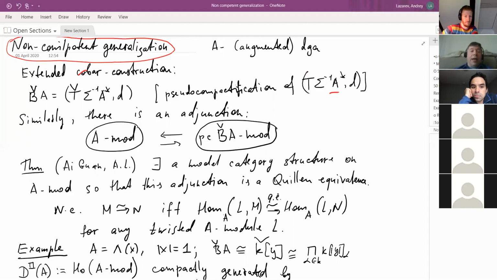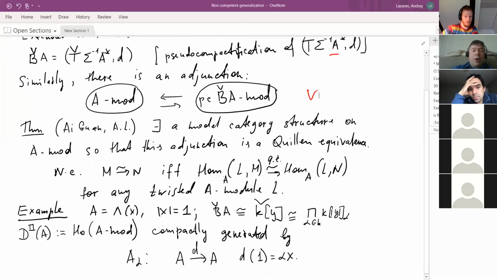And then, just as before, you can construct a certain adjunction between A modules. So we're now here. We're in a DG category of A modules and pseudo-compact modules over this extended bar construction. And then the theorem, which I wanted to tell you, and now I'm telling it, is the following.